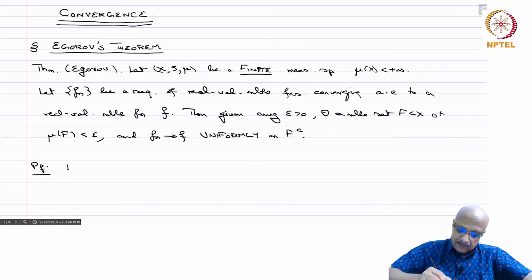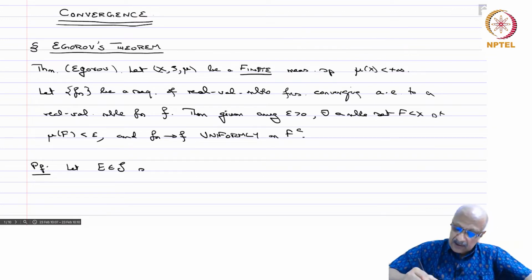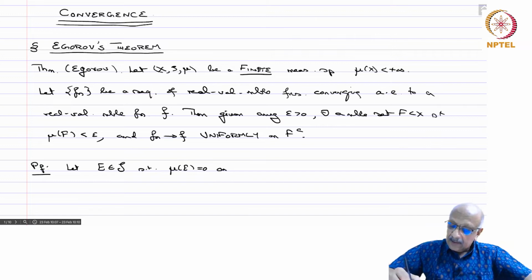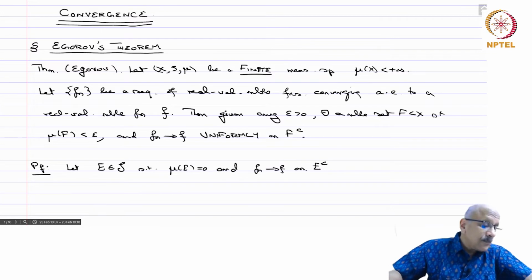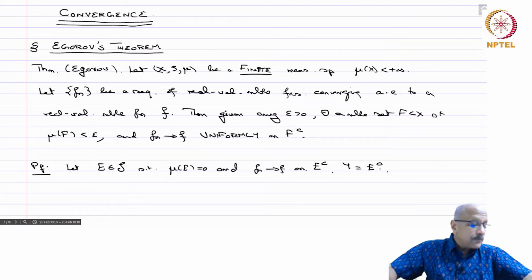So let E belong to the sigma algebra such that mu of E equals 0 and f_n converges to f uniformly on E complement. So you set Y equal to E complement.